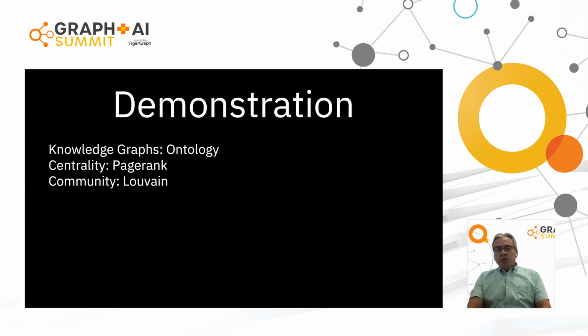We create an ontology, a knowledge graph with some entities associated with those blog posts. And then we're going to look for common themes using centrality, the PageRank algorithm. And then we're going to look for partitions or clusters on those articles using community Louvain. So Claire, why don't you take us through this demonstration?